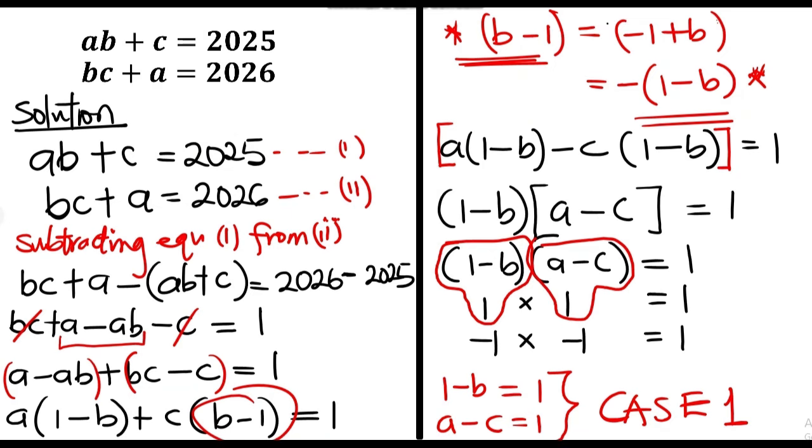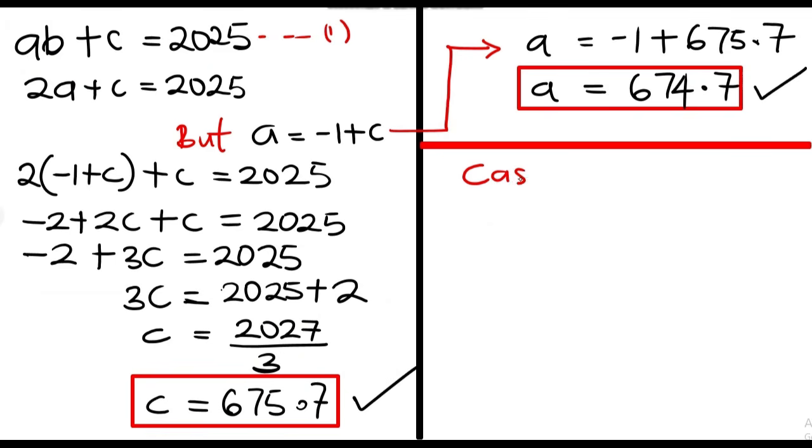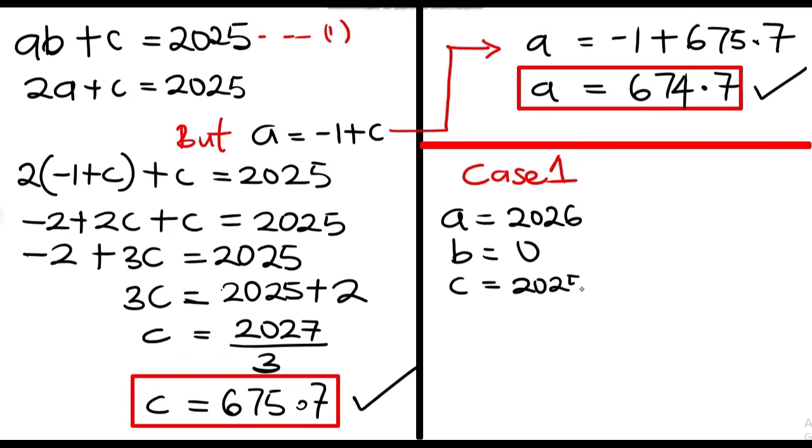In case 1, we have a equals 2026, b equals 0, and c equals 2025.